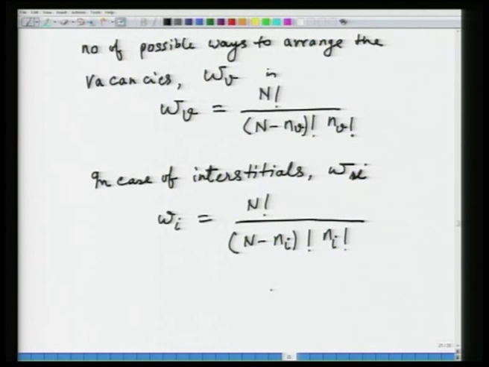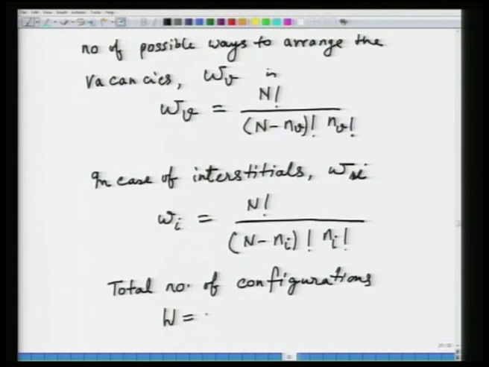So, we have so far worked out individual ways for arranging vacancies as well as interstitials. So, what is the total number of configurations? We defined that as W, and this is nothing but product of Wi into Wv.